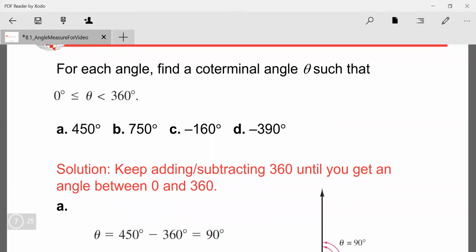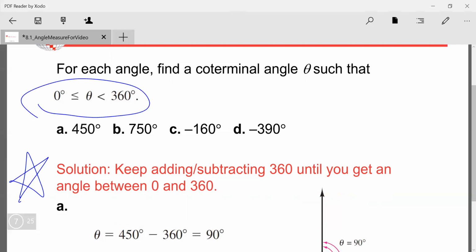To find the coterminal angle of a given angle, we just need to add or subtract 360 until you end up with an angle you want. In this case, we want to find a coterminal angle that's between 0 and 360.